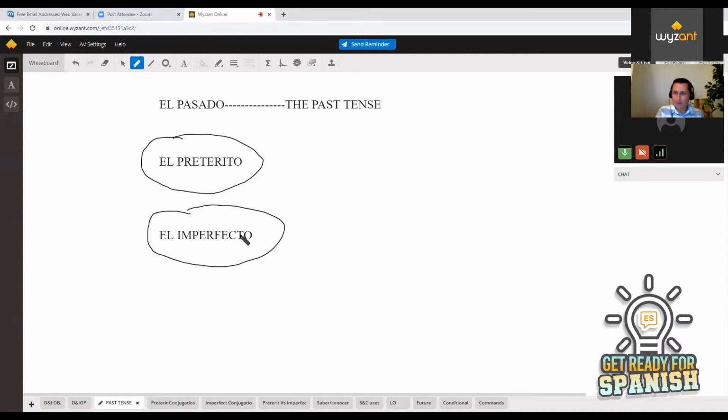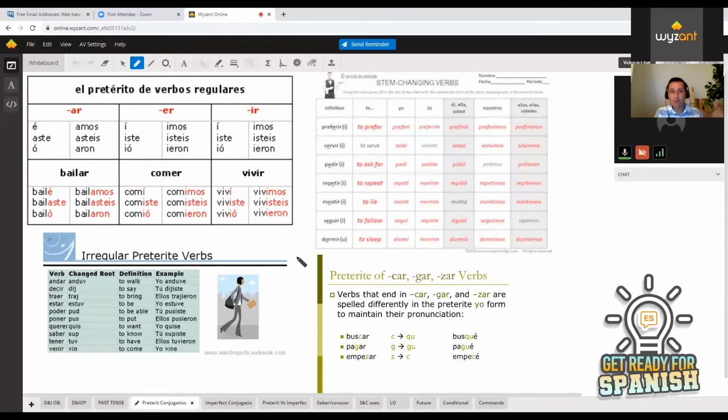Okay, let's talk about the conjugations in the preterite tense. And conjugating, as you may remember from last week or from last year, means that for every person that we say is doing an action, we have to change the ending of the verb.